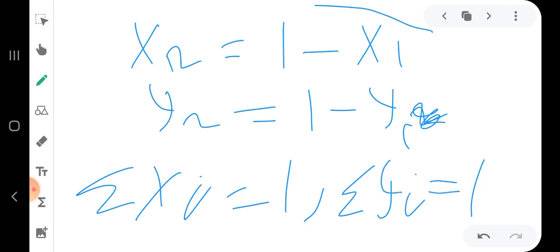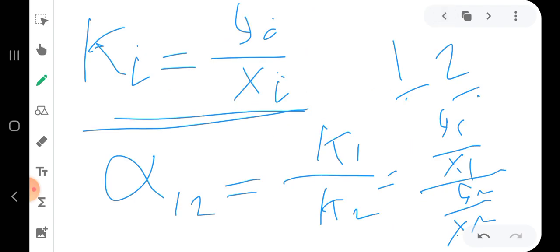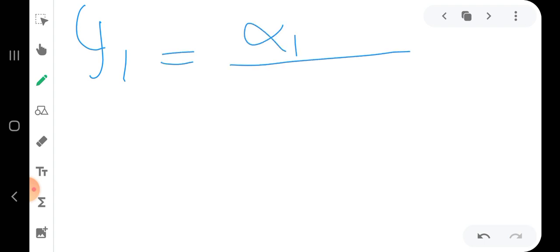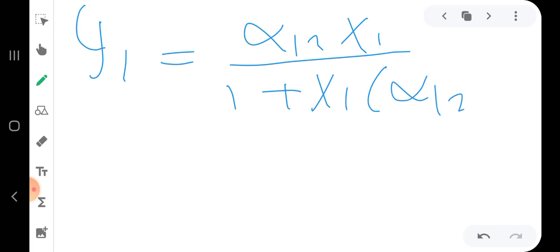So we can substitute these two here, okay, and then we can rearrange to get this relation. Y1 is equal to alpha 1 2 multiplied by X1 over 1 plus X1 multiplied by (alpha 1 2 minus 1). This is upon rearrangement.